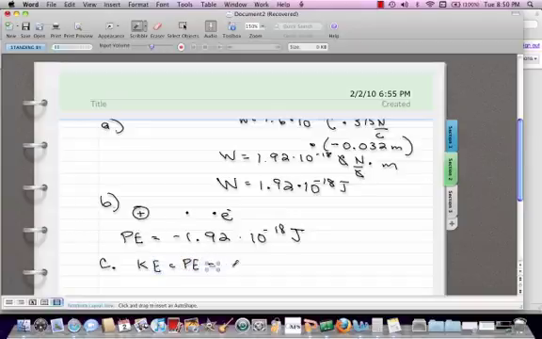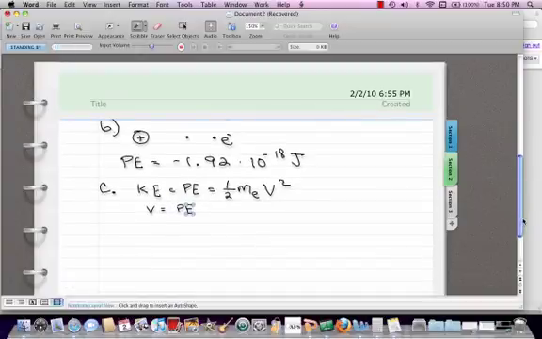And so that's equal to 1/2 m v squared, where I'm going to say m sub e for the mass of the electron. So now I can solve. V is equal to the potential energy times 2, divided by the mass of the electron, and this is all square root.